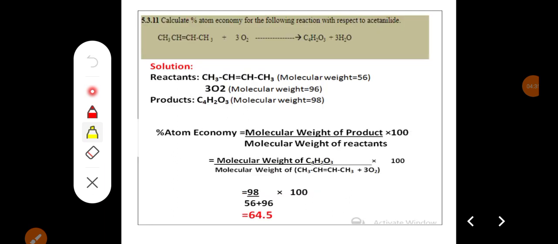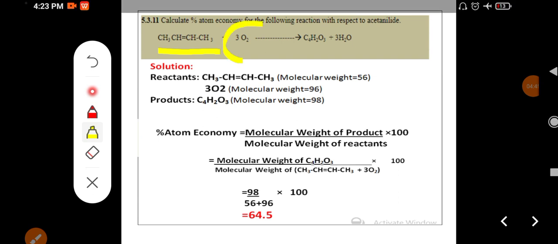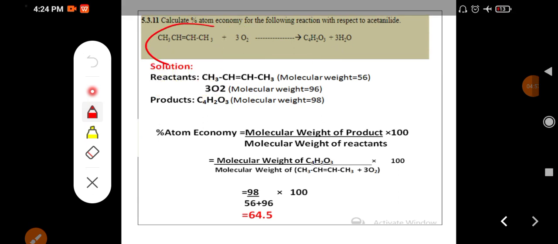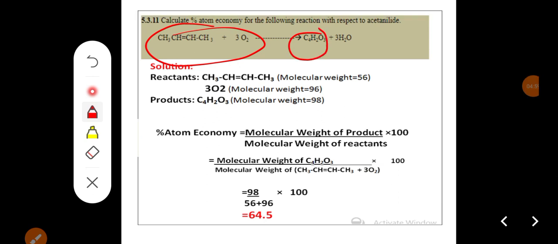After that, one more example we can take for consideration. Suppose this is the reaction given to you: CH3CH=CH2 plus O2, and this one is the product. Again these two are the reactants we have considered, and this one is the product.